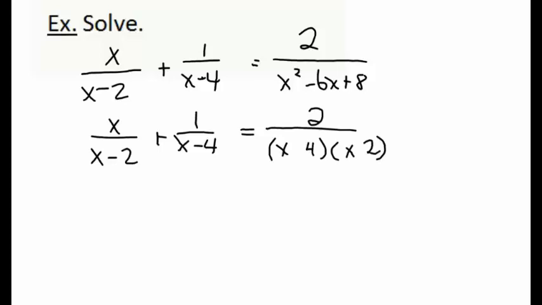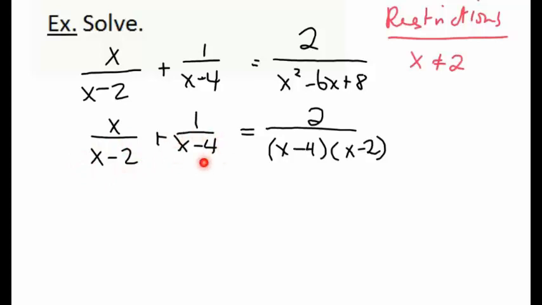Well, those values must be -4 and -2. So we could easily now write down our restrictions. We have that x cannot be equal to 2, x cannot be equal to 4, this one also says x can't be 4, and this one also says x can't be 2. So we have two restrictions here that we have to worry about.